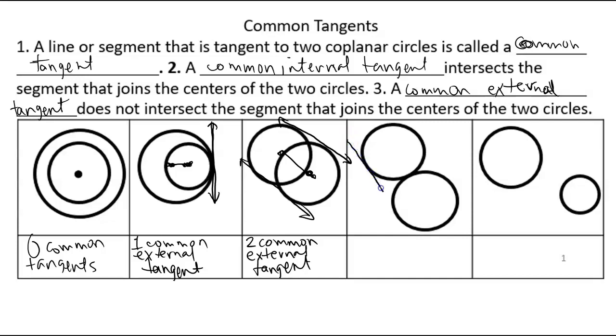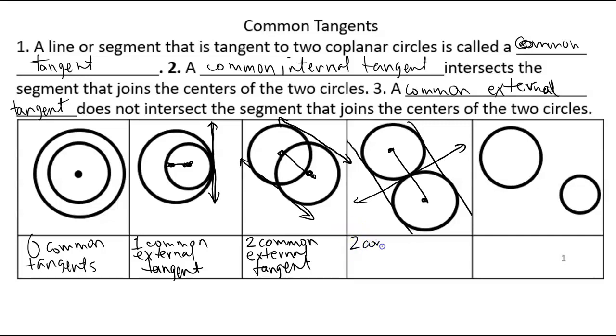So this one is very similar to that one because we have these two common external tangents, but there is a tangent that goes right here, and as you can see, that goes between the two circles. And if I use our definition, if I connect the centers, you can see that the tangent that's going in between the two circles intersects that segment that connects the centers, which makes it a common internal tangent.